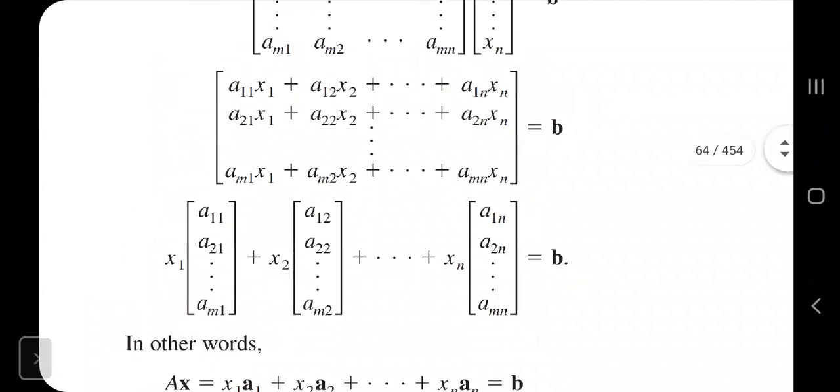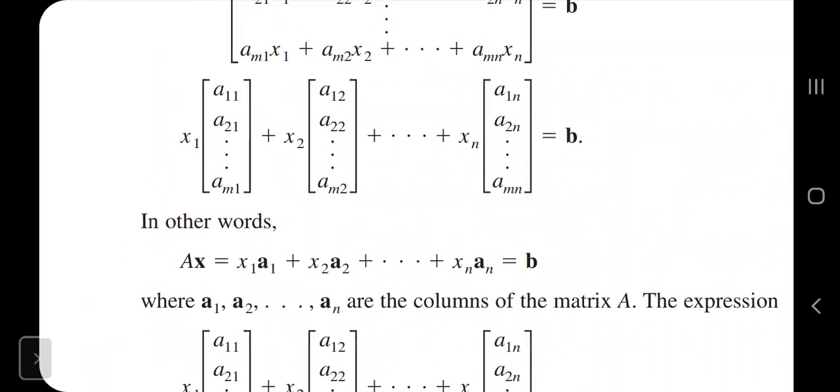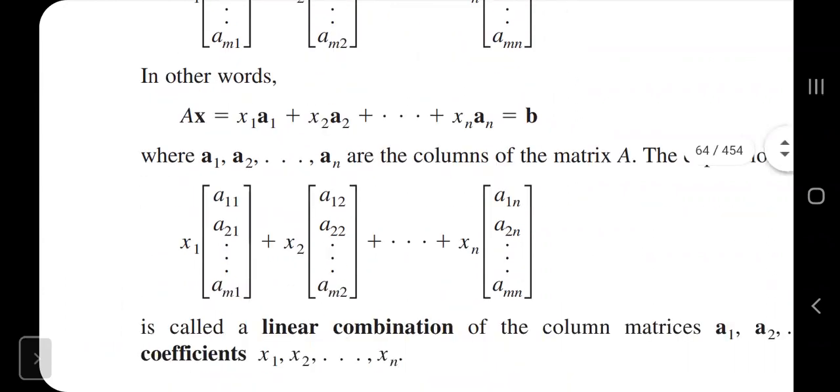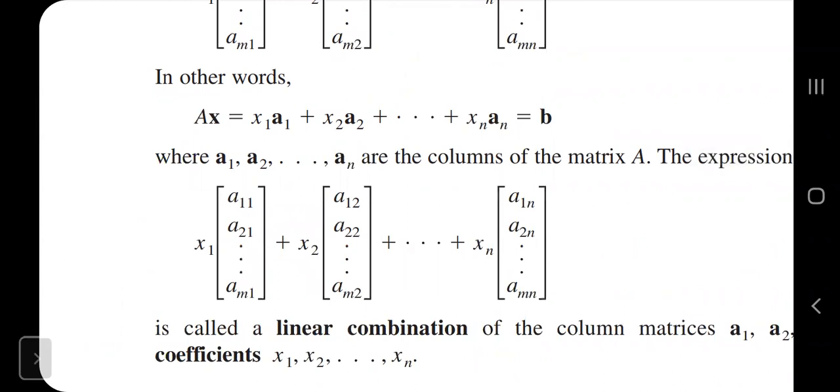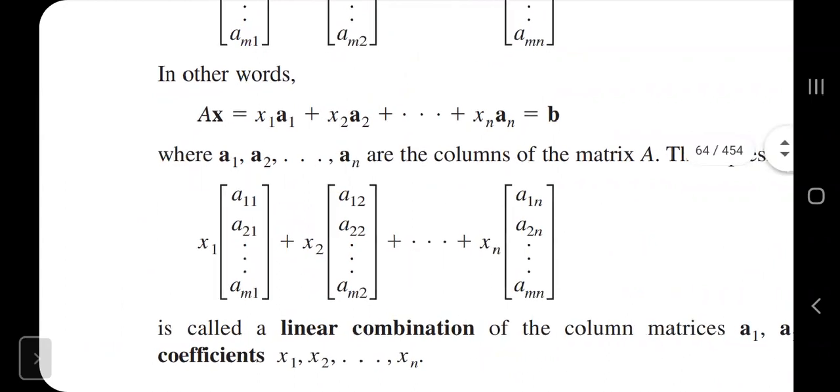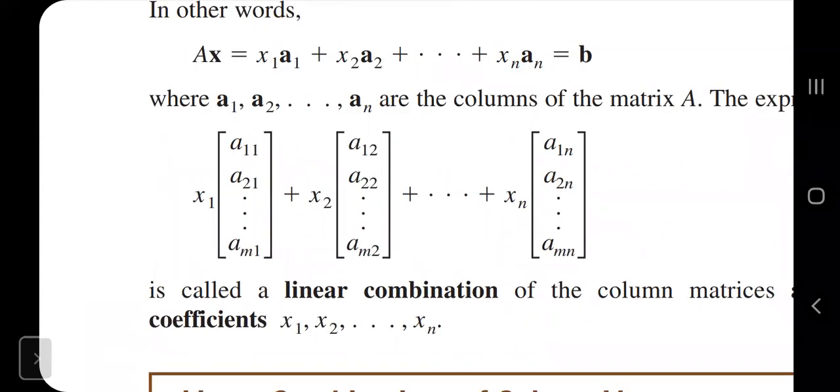Now I could say, my first column of A's, I'm going to use that notation. That's the A1 column. So AX, I'm now expressing it like this: AX is equal to X1 A1, where A1 is now a whole column matrix, plus X2 A2, and so on, and all that equals B. This is just another way of expressing it.